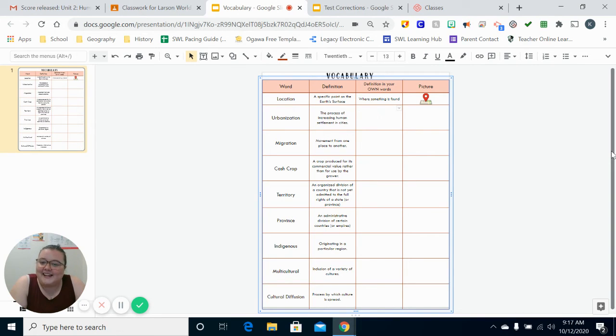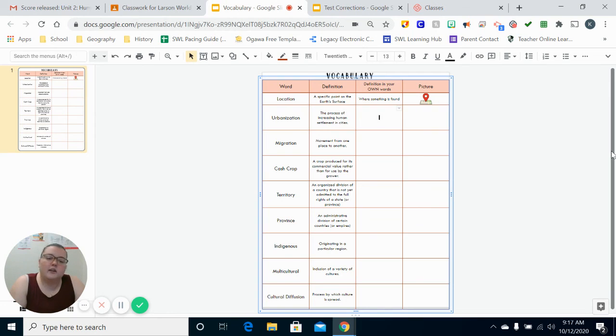And province is an administrative division of certain countries or empires. Indigenous means originating in a particular region, so it's native. Multicultural is the inclusion of a variety of cultures. And cultural diffusion, our last word for today, is the process by which culture is spread, okay?